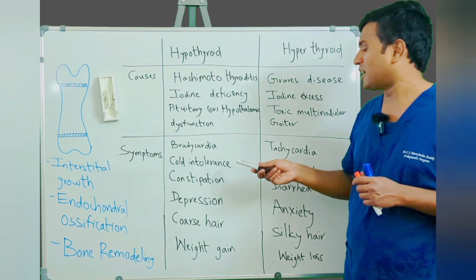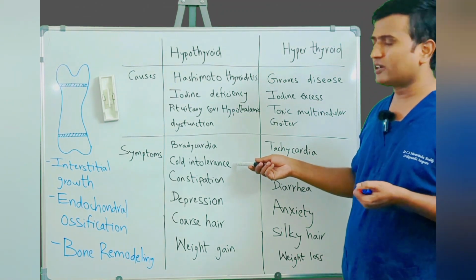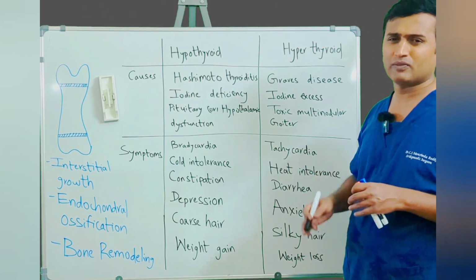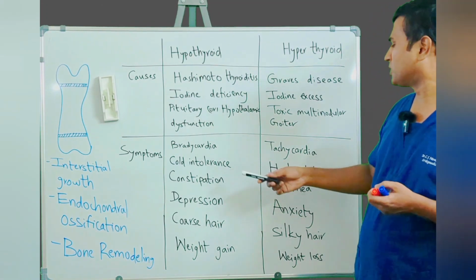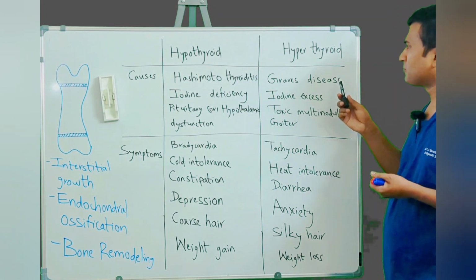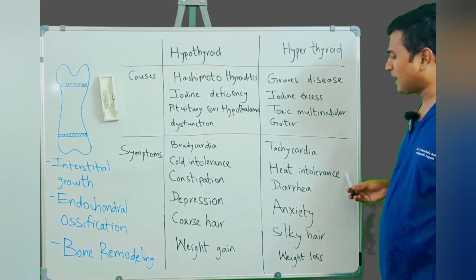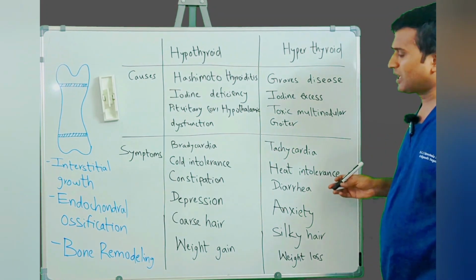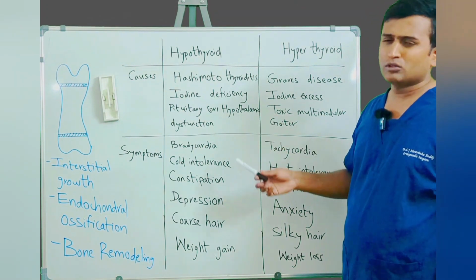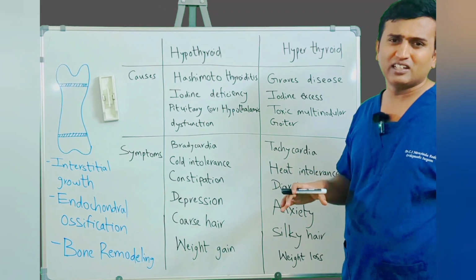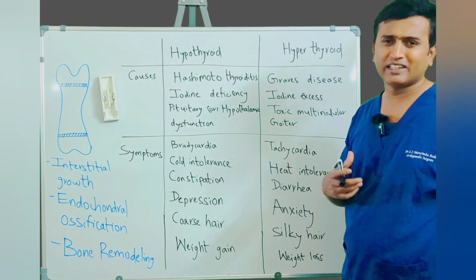In hypothyroid condition, we have cold intolerance because our metabolic rate is low. And when we come to hyperthyroid, we have heat intolerance. Hypothyroid also acts on the GIT for motility and secretion.